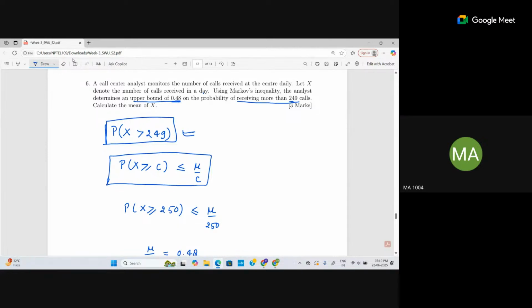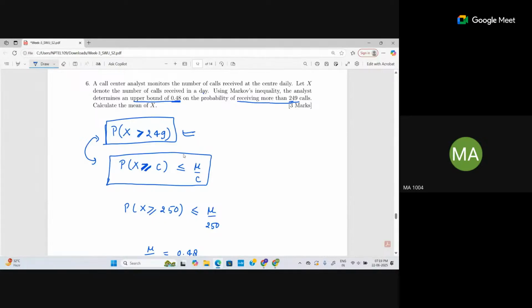Now we have to use Markov's inequality, and according to Markov's inequality, this is our inequality. In this inequality, there is a greater than or equal to sign, and here we have only a greater than sign. These two will not be the same, because it is a discrete variable. If it is a continuous variable, then these two are the same. But it is discrete, so these two probabilities are different.